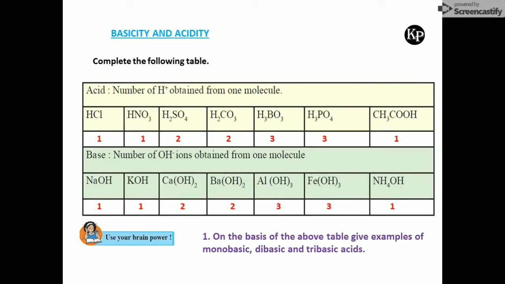HCl, HNO3 and acetic acid are examples of monobasic acids. H2SO4 and H2CO3 are examples of dibasic acids. And the tribasic acids are H3BO3 and H3PO4.